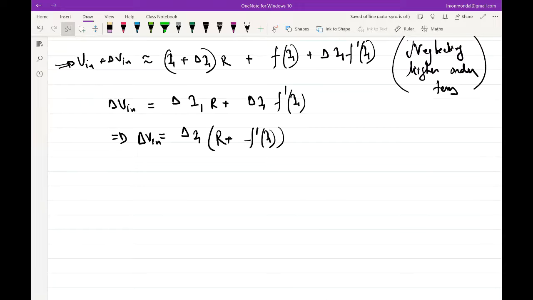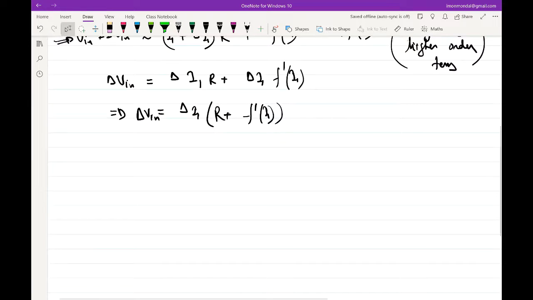Now, this is a profound format because, assuming F prime is real, if I have to draw a network for this equation, it would look like a voltage source of value delta V in.